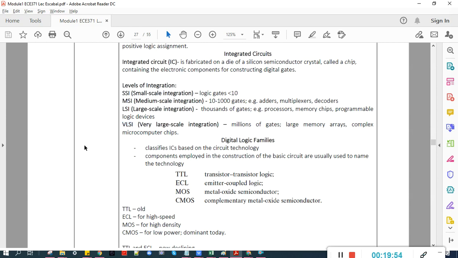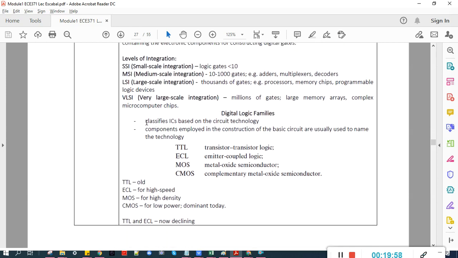Let's go to digital logic families. This classifies ICs based on the circuit technology. The components employed in the construction of the basic circuit are usually used to name the technology.